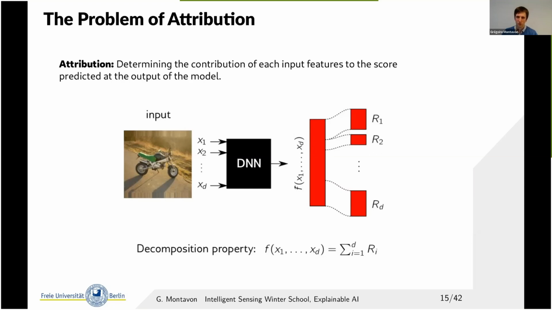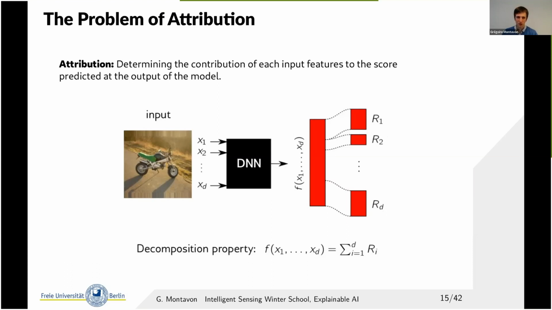So here, for example, you have this function f, which you can think of as some amount of evidence for a certain concept. Here it's the concept motorbike. And then you would like to decompose this value into scores, which are the share for which feature x1 is responsible, the share for which feature x2 is responsible, and so on.